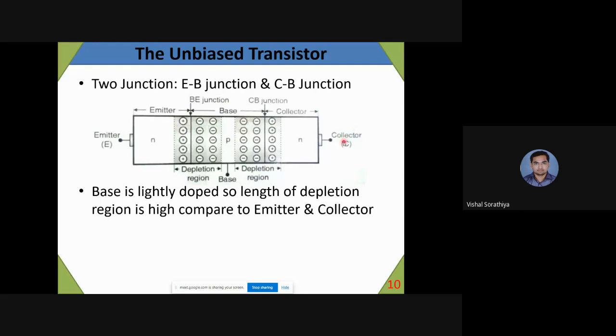If you make the collector your common terminal, then the junctions we have are base collector and emitter collector. So depending upon which terminal you make common, there are different power supply terminals you can identify, and applying those power supplies, forward or reverse, it is categorized under cutoff region, saturation region, or active region.